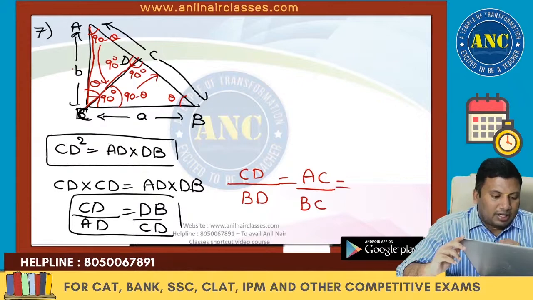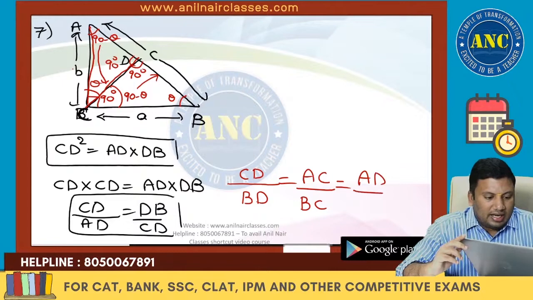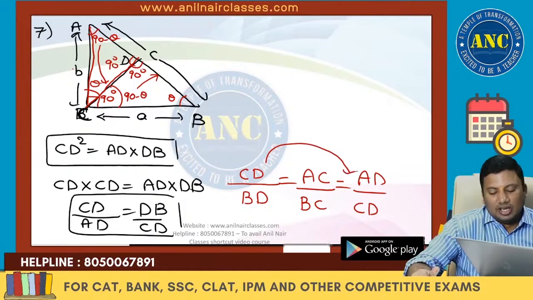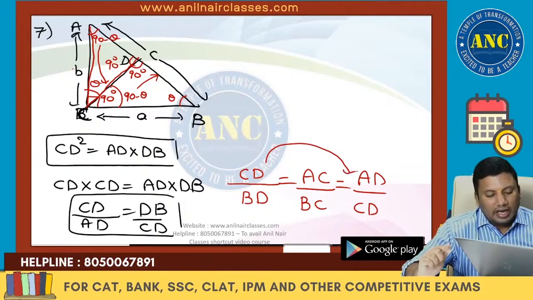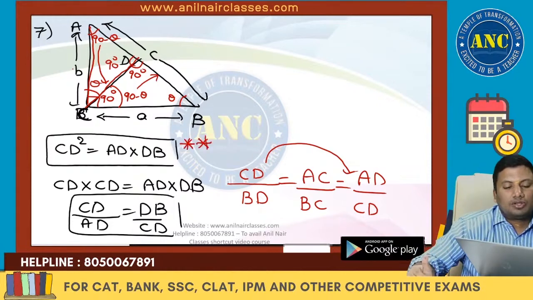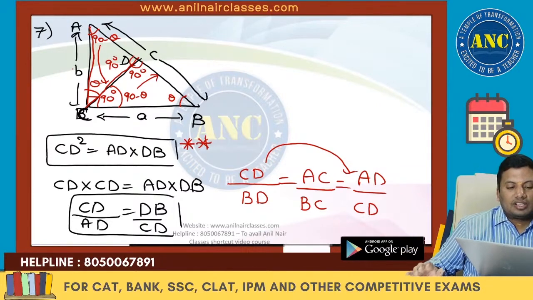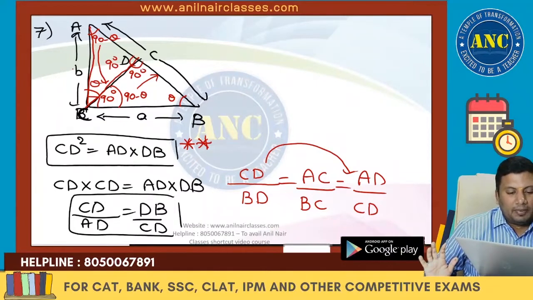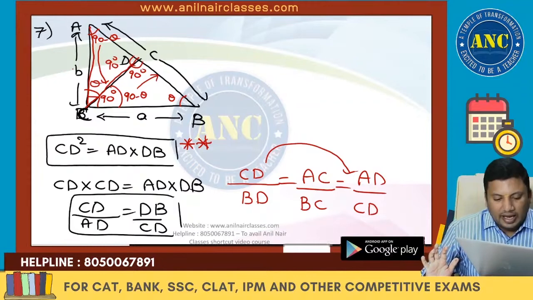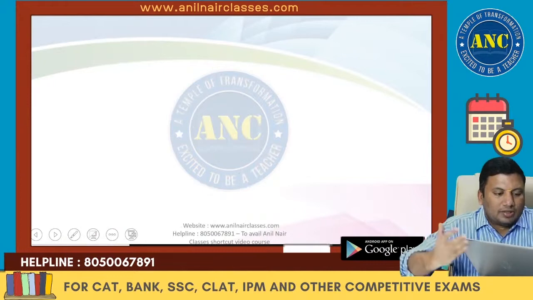It is AD. In the other, it is CD. So taking first with last, CD whole square is equivalent to AD into BD. I hope this point is very clear. Previous year examination questions are asked from this. Point number 7. So CD square is nothing but AD into BD. Another important key point, please write it down.